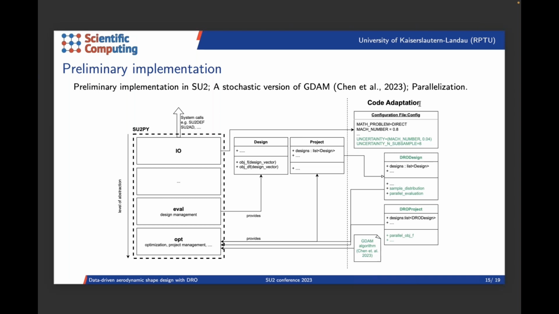The optimization solver we use in this work is a new method called GDAM, previously proposed by some of the authors. It is basically a gradient descent-like method that solves inequality constrained problems. In this work we have implemented a stochastic version of it and parallelized the sample evaluation.